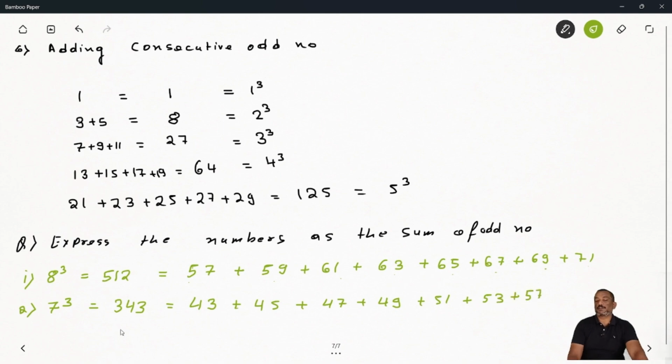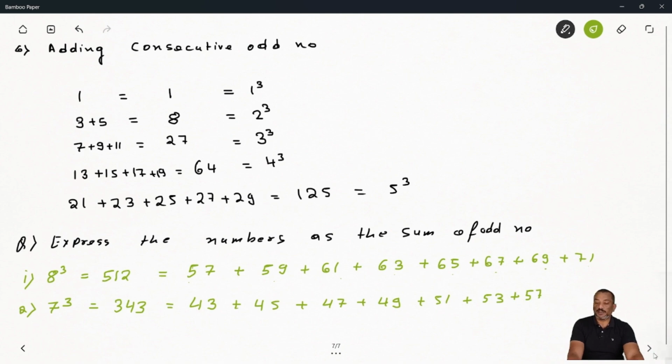If you add all these numbers, you will get the sum. This way we can find the sum of consecutive odd numbers based on this pattern. Hope it is clear. These are some important properties of cubes, to find perfect cubes.